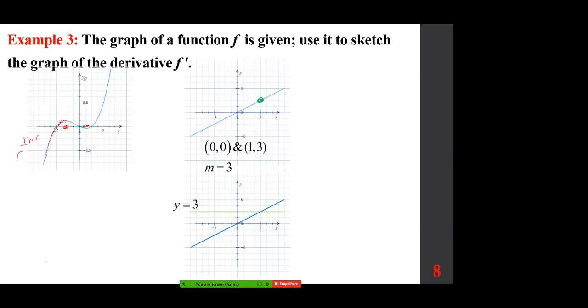F prime is positive, so it's above the x-axis. Looks something like that. This portion is decreasing, so it's below, and it has to come back up, class. And then it's increasing, and the other part also goes up, class. Okay. So again, let me erase that.